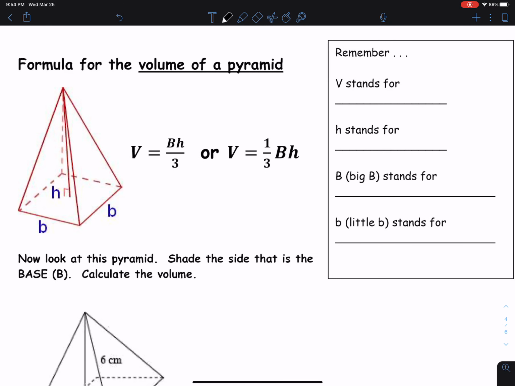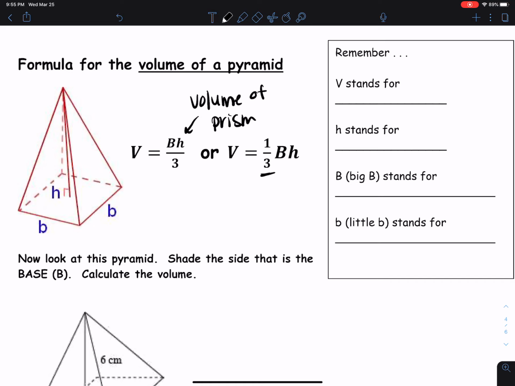So the formula for the volume of a pyramid is this part. That's just the volume of the prism divided by 3, or 1/3 times the area of the base times the height.